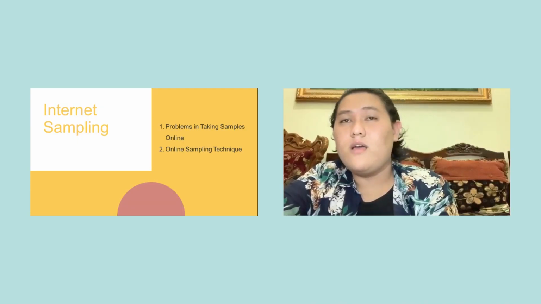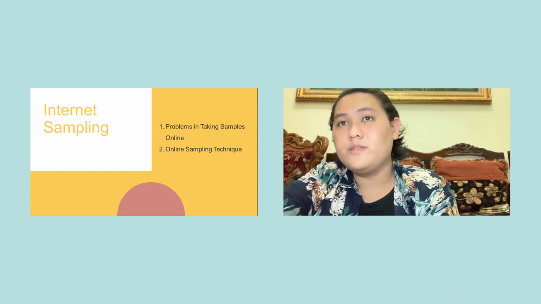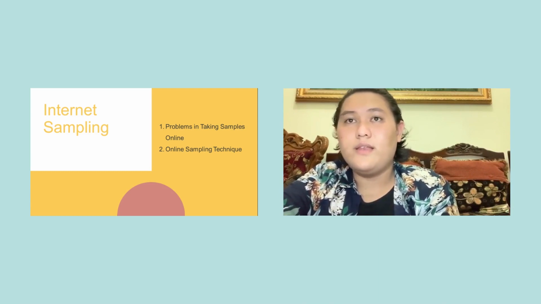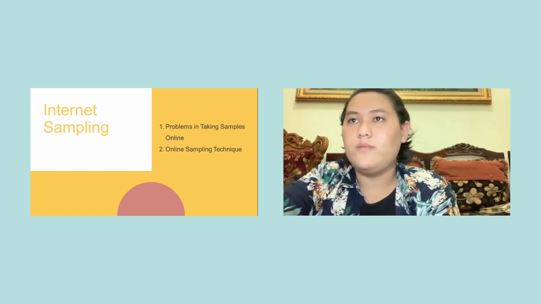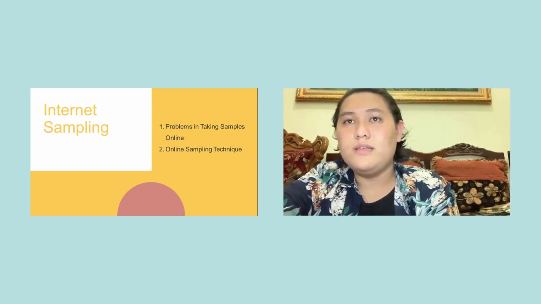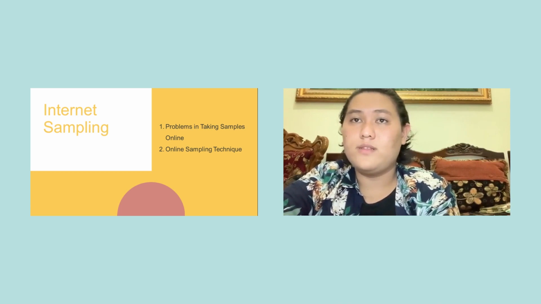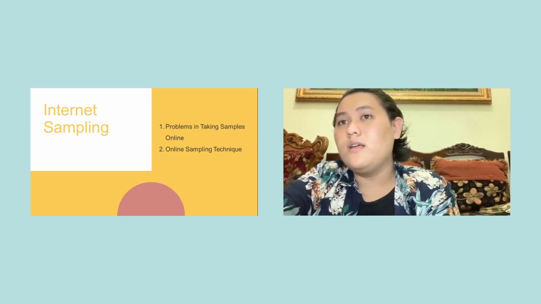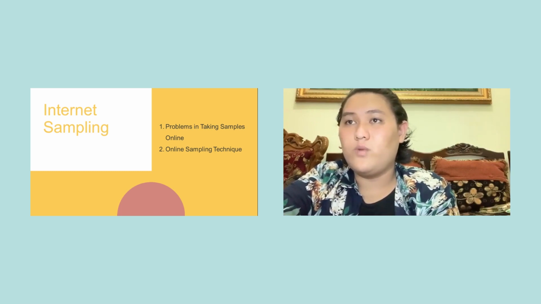The next is internet sampling. The first is problems in taking samples online. The main problem associated with internet sampling is representativeness due to lack of computer ownership and internet access. Sampling of potential respondents who surf the internet is meaningful if the samples produced represent the target population.